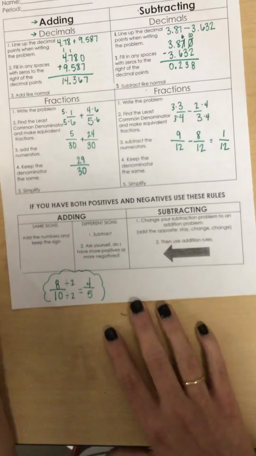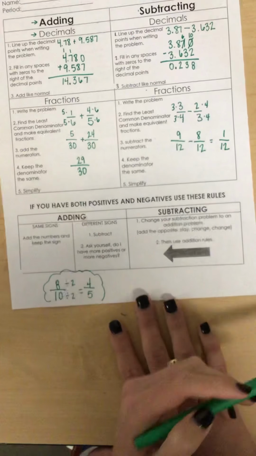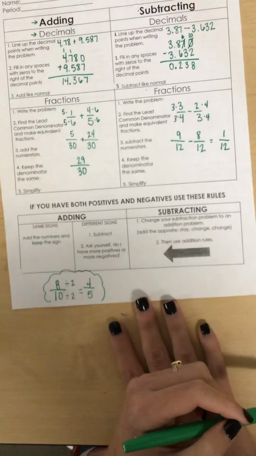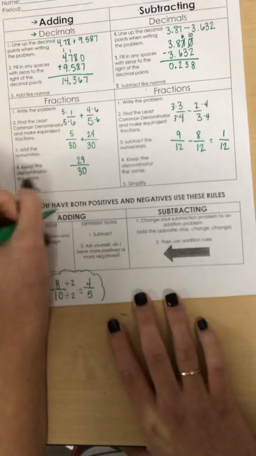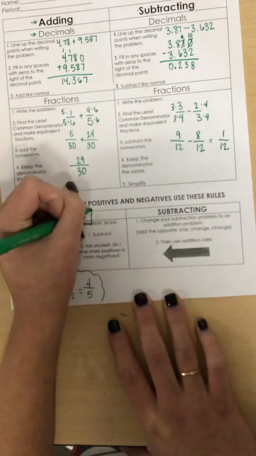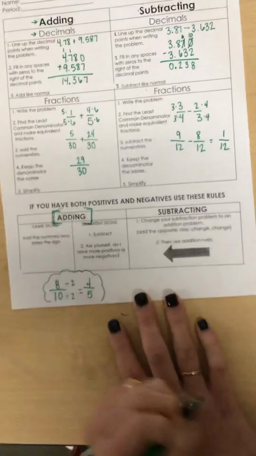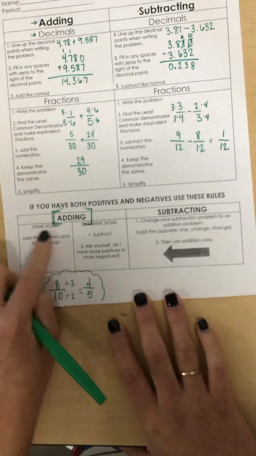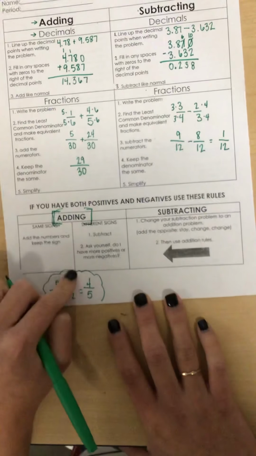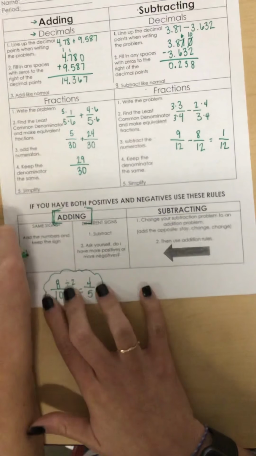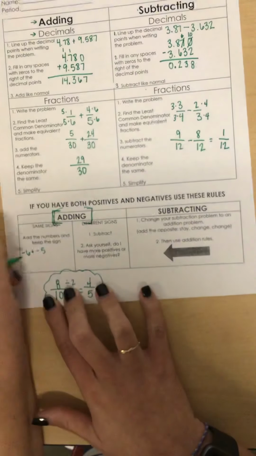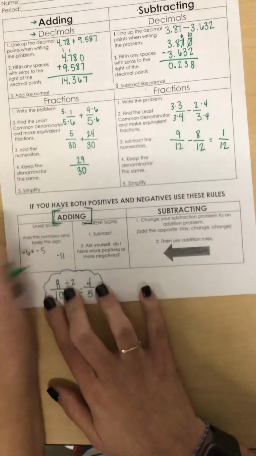Okay, down here I have just the rules again for positives and negatives. We're still missing some, not everyone, but some people are. So just a reminder, when you are adding, when I give you a plus sign, if you have the same signs, if they are both positive or they are both negative, you add the number, keep the sign. So -6 plus -5, add the numbers, keep the sign.